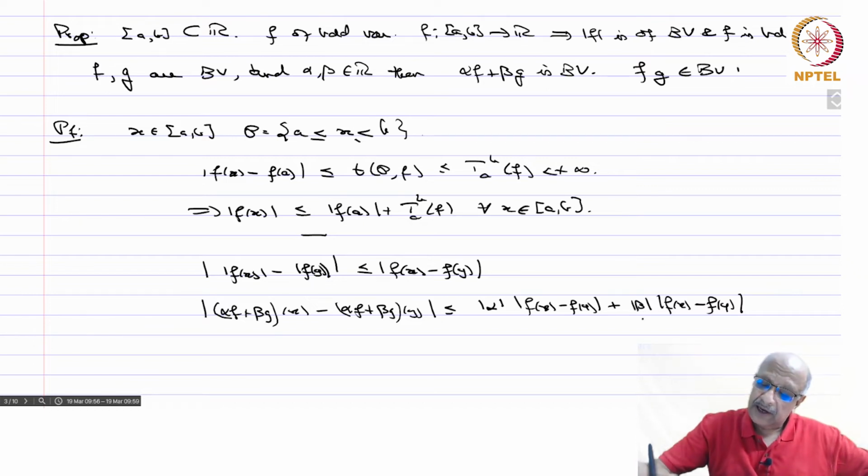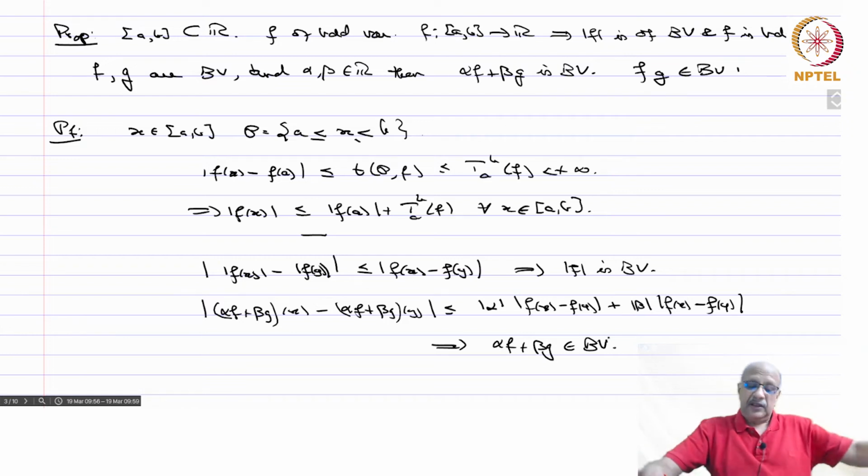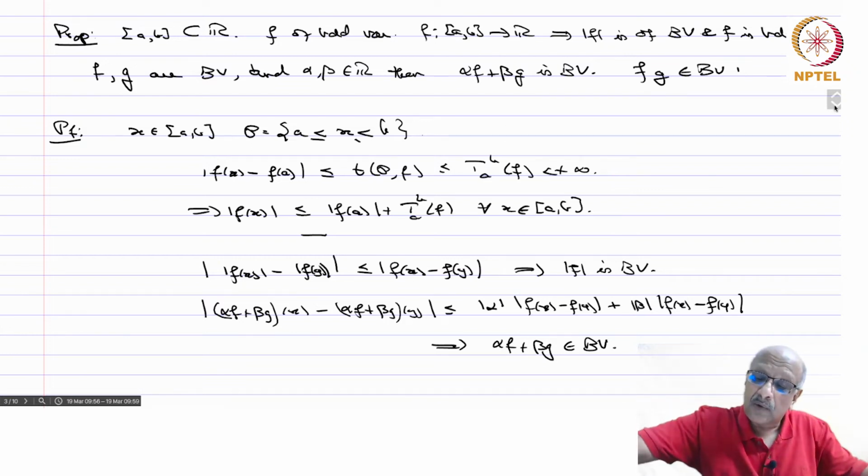So this immediately tells you that |f| is BV, and this implies that αf + βg belongs to BV, and you can easily see. So now what about fg?